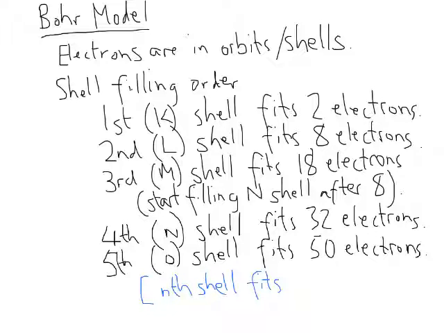So for example, 2 times 1 squared is 2, 2 times 2 squared is 8, 2 times 3 squared is 18. The nth shell fits 2n squared electrons. So for those of you who like a bit of algebra, that's the actual rule. So that's where these numbers 2, 8, 18, 32 and 50 came from.